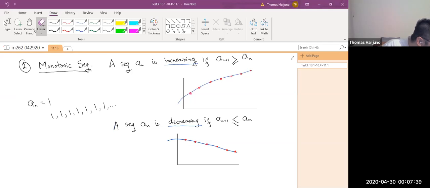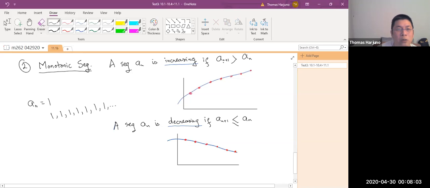The definition of increasing and decreasing there is supposed to be for strictly increasing and strictly decreasing, because our textbook uses this definition. They call it increasing if it's greater than, with no equal sign. They call it decreasing if less than, without the equal sign. But what they meant is actually strictly increasing and strictly decreasing. Is it okay?